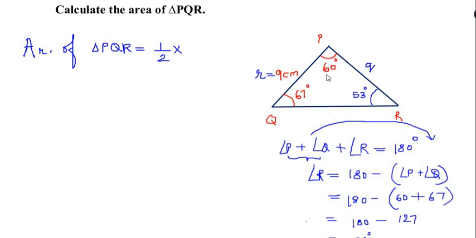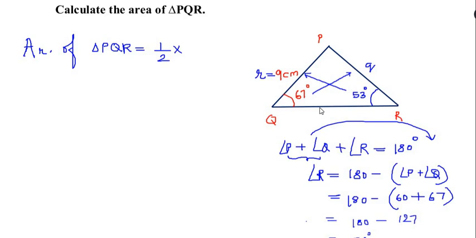Now the sine rule says that two angles need to be mentioned and one of the sides opposite to an angle has to be given. So here you can see these are the two angles we can consider, and one side opposite to this angle is given. So we can totally ignore angle P. Now you can see that this angle is opposite to this side and this angle is opposite to this side.